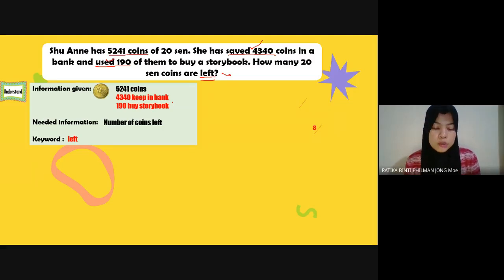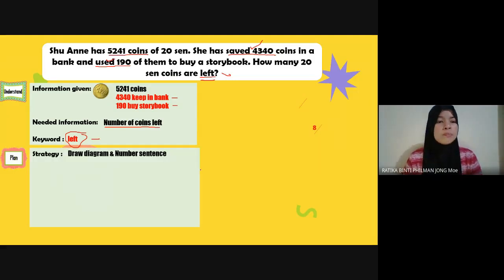Bila duit tu semakin berkurang, itu maksudnya kita gunakan operasi tolak. So this is tolak and also this is tolak. Okay, the question asks you to count how many number of coins left. So left is the keyword, and the keyword merujuk kepada operasi tolak, subtract.